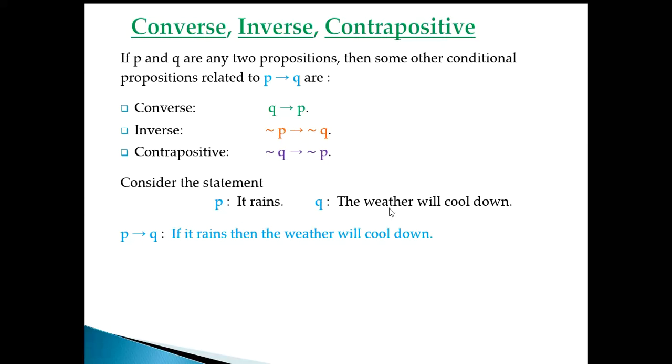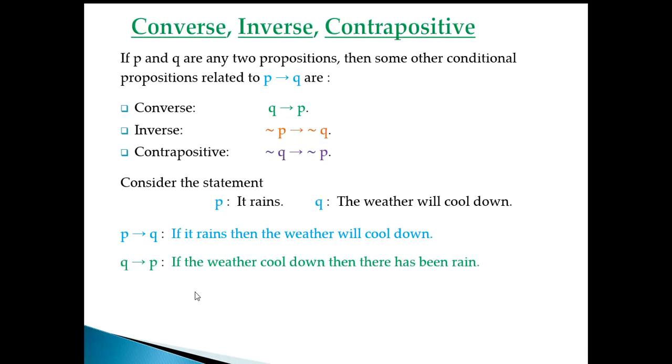Right? Now, how can we write the converse? The converse is Q implies P. In English: if the weather cools down, then there has been rain, right? So, if Q, then P.